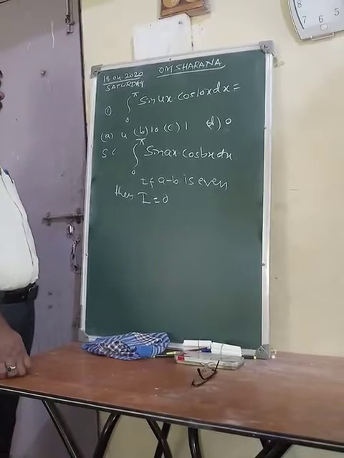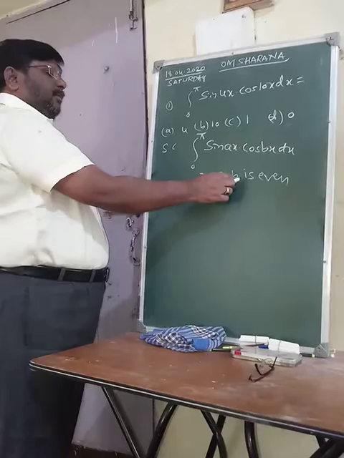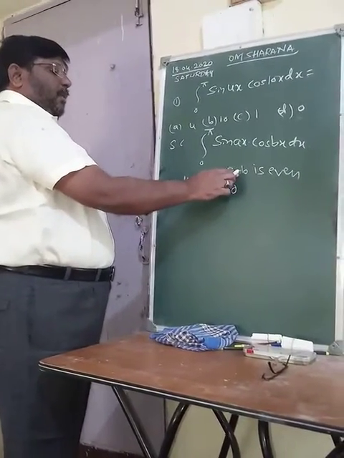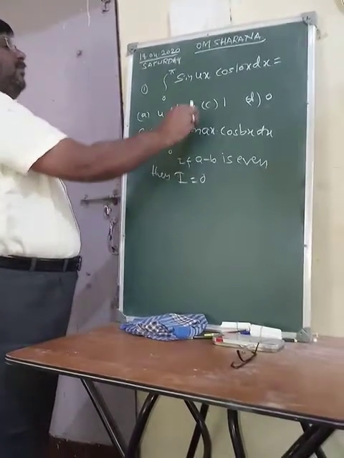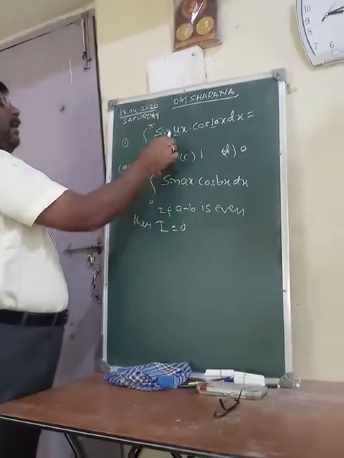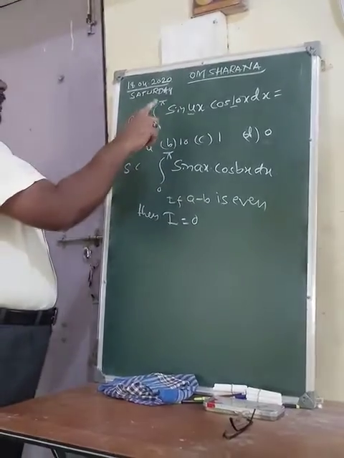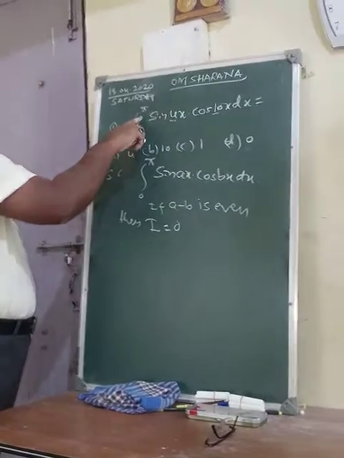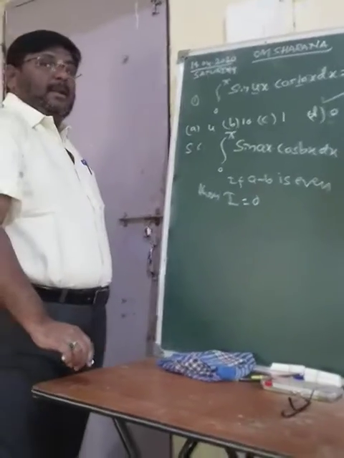So the sign is not important here, only the quantity which is positive or negative. Here this is a, this is b. Here a minus b, 4 minus 10, is 6. The difference is even, therefore the value of this integral is 0. That is option D.